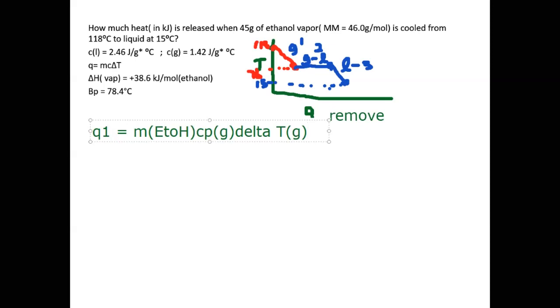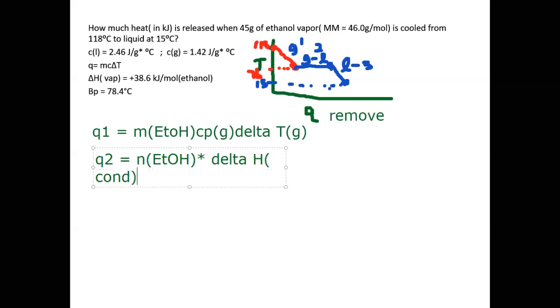So it's just for the gas, the delta T. Now the second Q is going to be the moles of ethanol, again using the abbreviation ETOH, times, and now here we're condensing, so we're going from a gas to a liquid, we're going to need the delta H of condensation. So that's step 2.